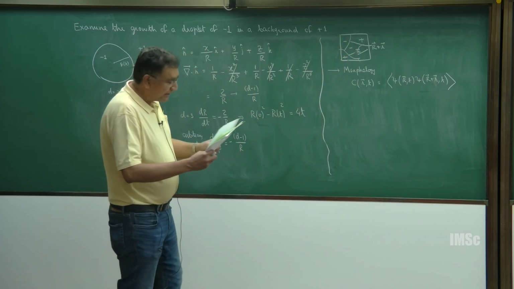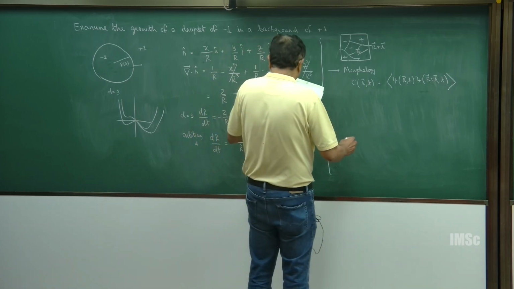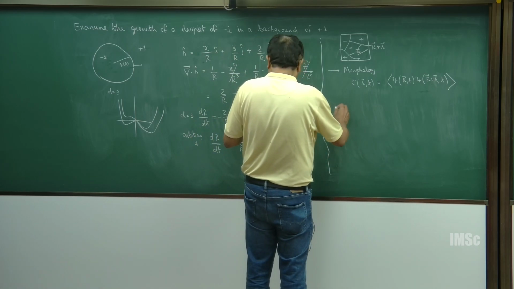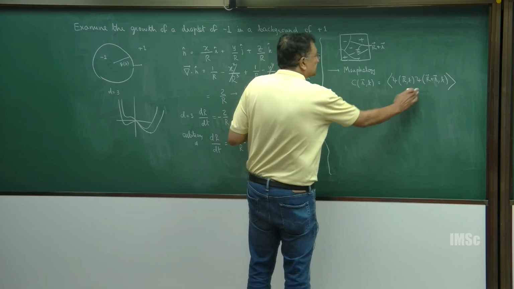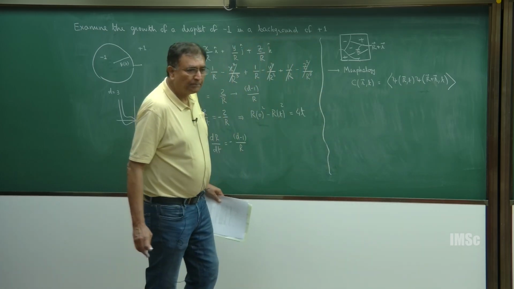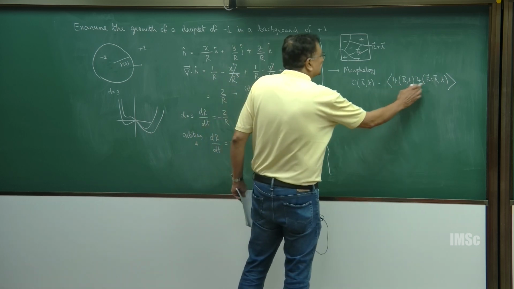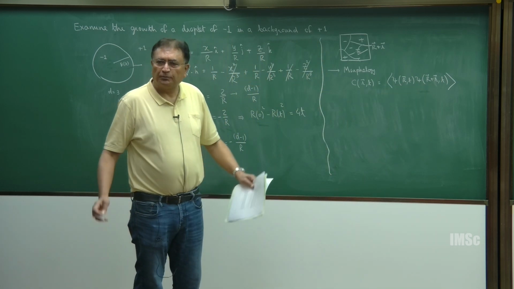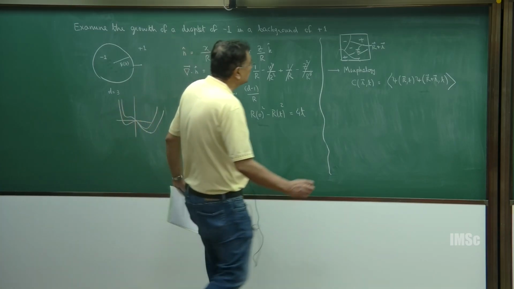If you want to define it a little more carefully, you should actually subtract off the average. I've assumed here that the system is translationally invariant, so it doesn't depend on the starting point and the end point. Usually the system is also isotropic, the domains don't have a preferred direction.